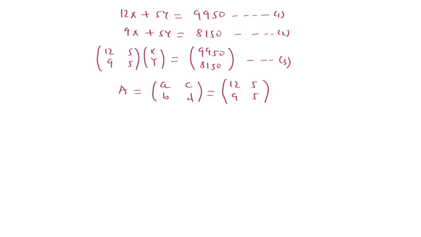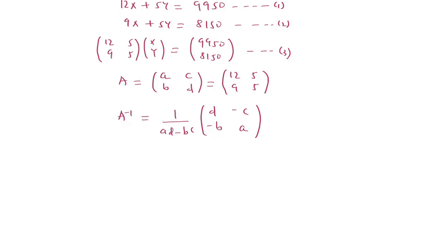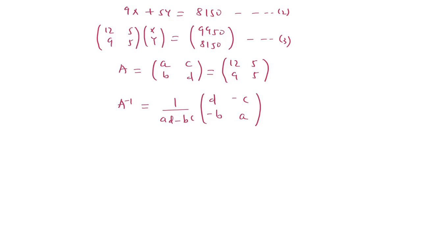Next we are going to find the inverse of matrix A using the following relation, which says A inverse equals 1 over (ad minus bc) times matrix [d, -b; -c, a], which is obtained by exchanging the elements of the main diagonal and changing the sign of the elements of the leading diagonal. And this is the adjoint of matrix A.